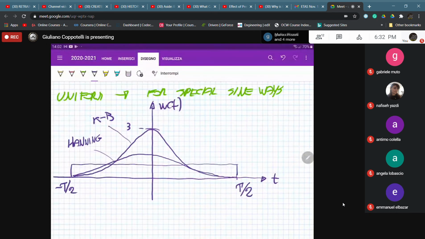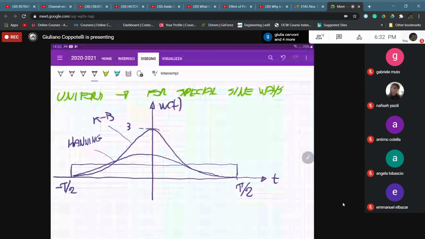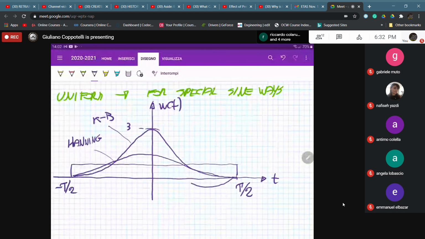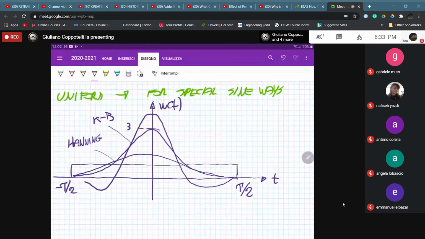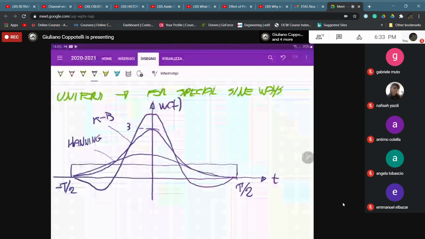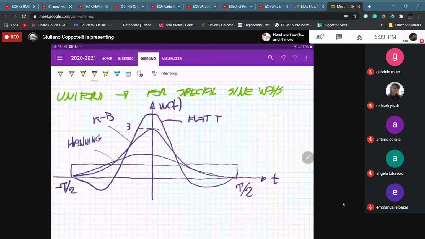And finally, we have the flat top, something like this, going down and then up, and going down and then up again. And this is your flat top windowing function.